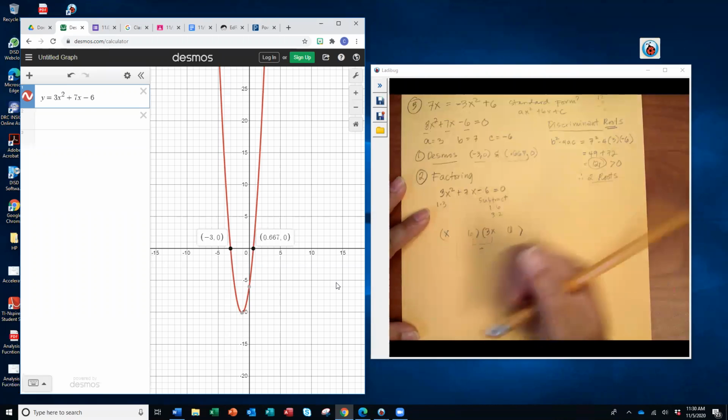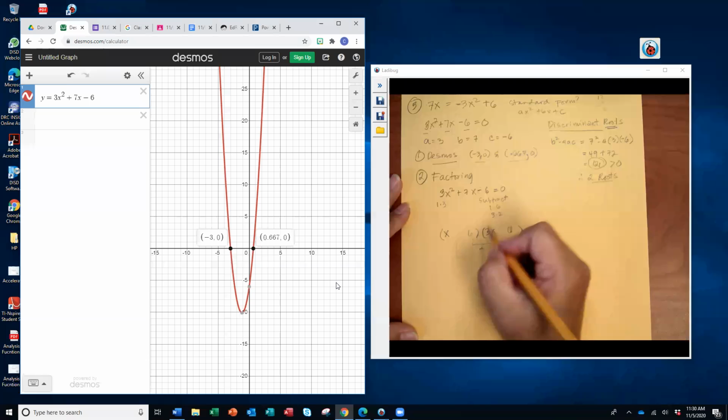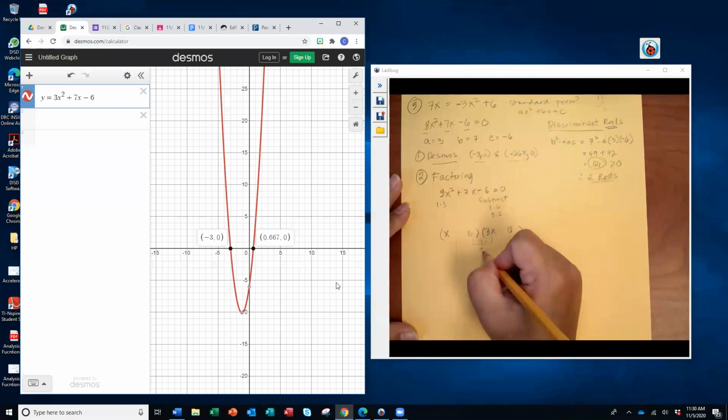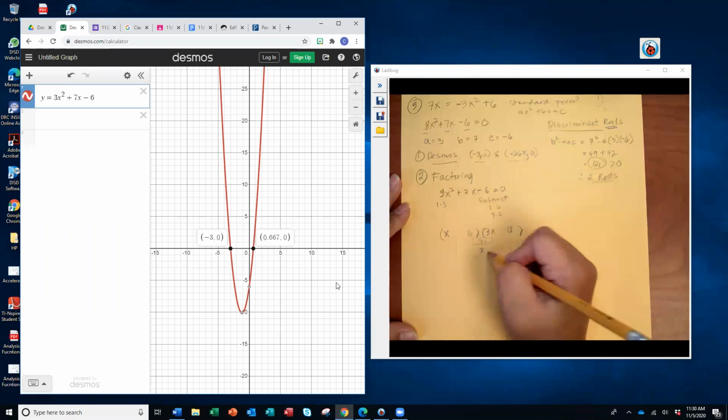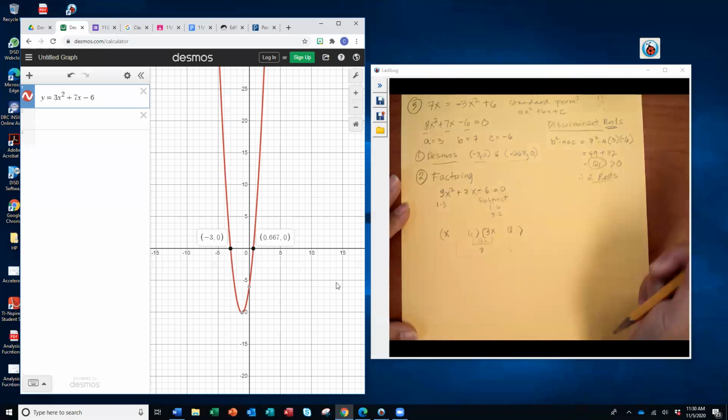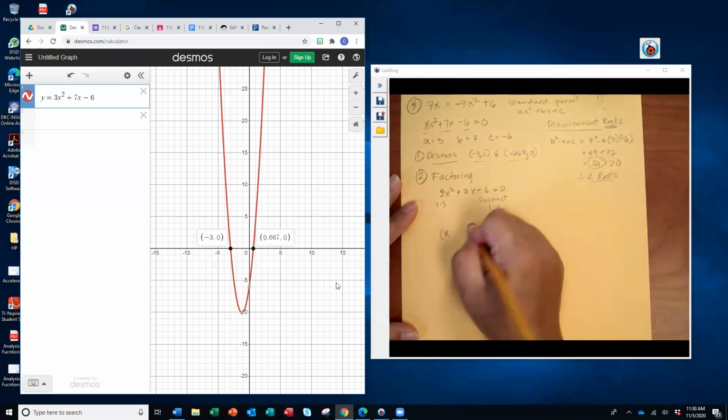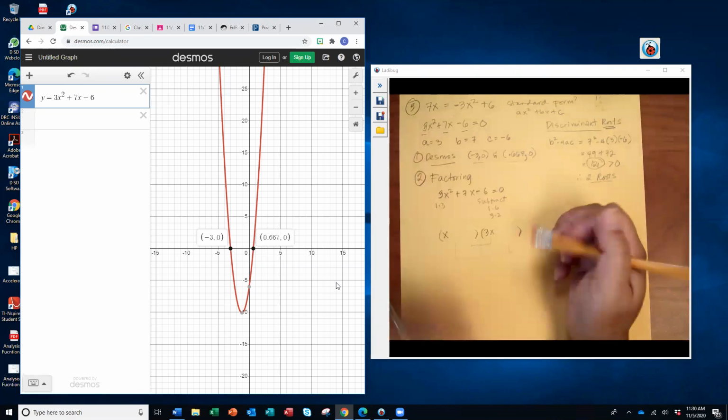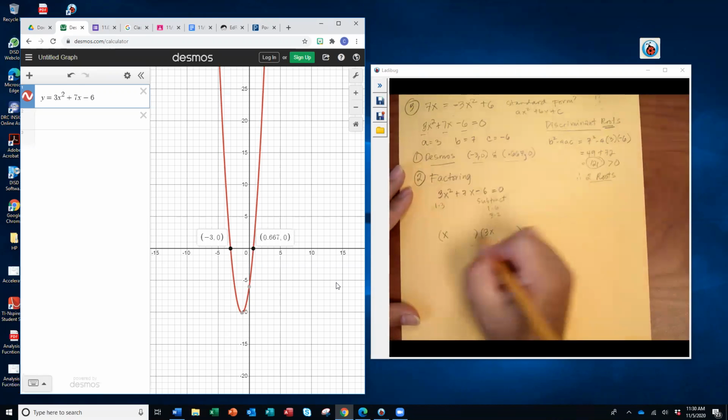When I subtract them, it gives me 17. I need a 7. Therefore, that's not the right factor. Let me erase them.